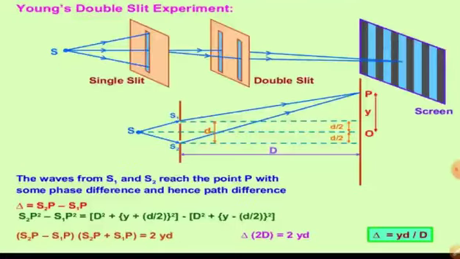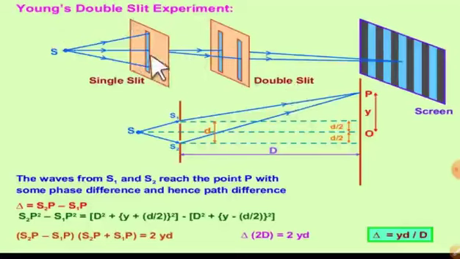Likewise, this is Young's double slit experiment. This is the treatment for how we can find out the fringe width and all. Let's take it that S is a source. This is a single slit so as to produce two coherent sources by means of the double slits. So we call this Young's double slit experiment. Why do we have one single slit here?